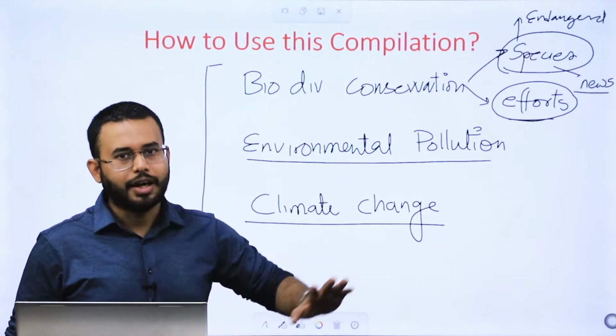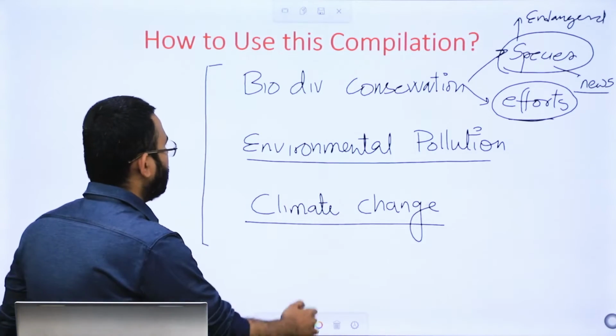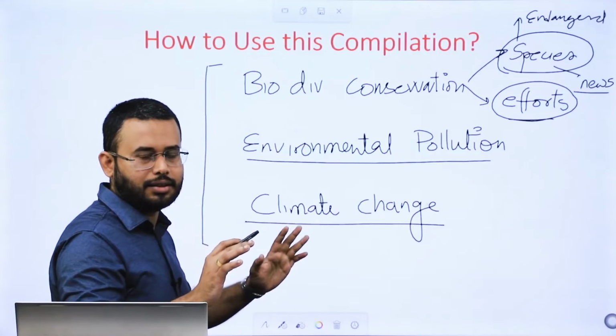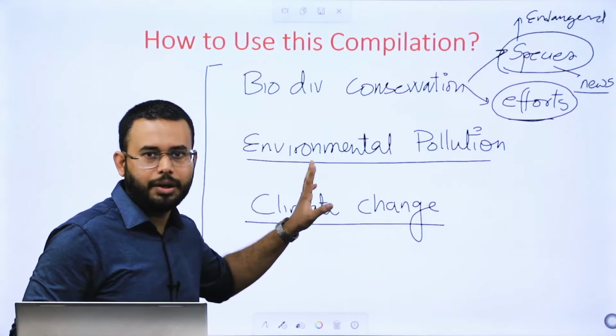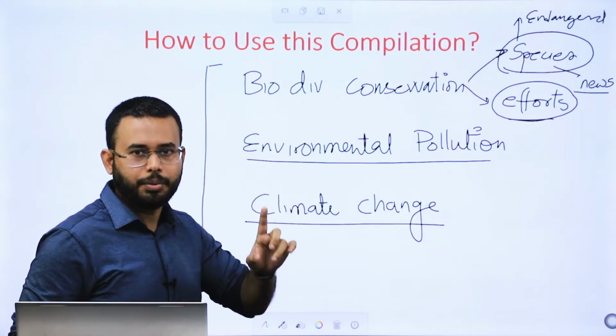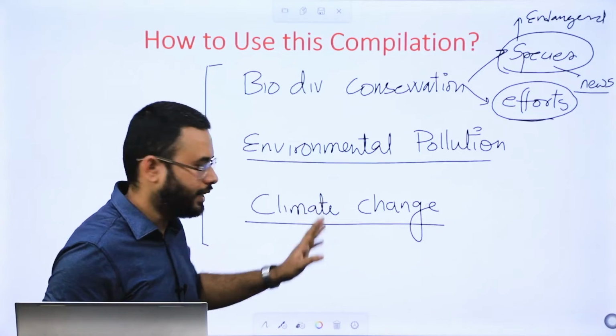So we have tried to do that in this particular document, right? So those who are writing this year's prelims examination, these 3 are the areas of environment and ecology you must prepare properly, because the maximum number of questions are going to come from this area, right?